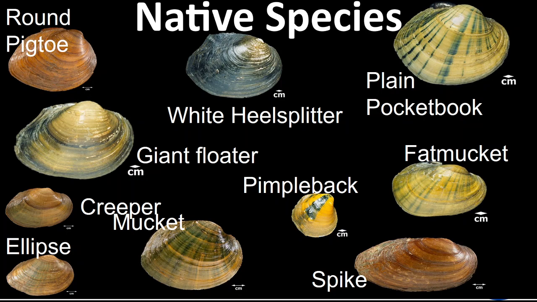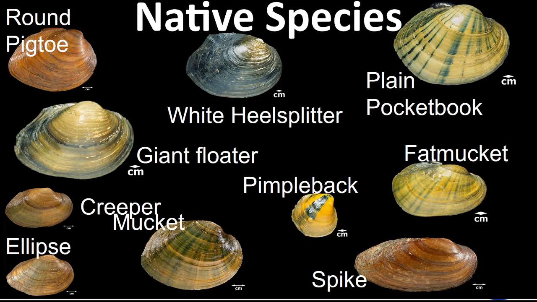So there are a whole variety of things that we can look for, but I want to encourage you to think about that as the structures. There are bumps, there are ridges, there are what we call a sulcus, sort of a valley in the shell, and all those are unique things to look for.